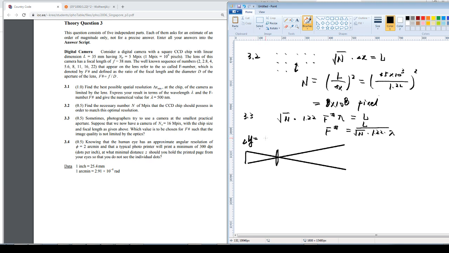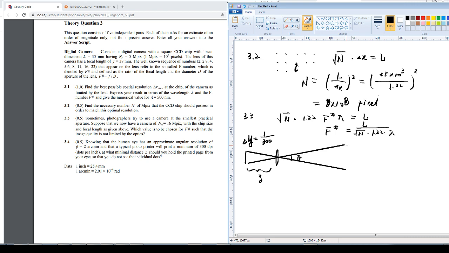Delta y equals 1 over 300. That's the angular separation. That's the z value.